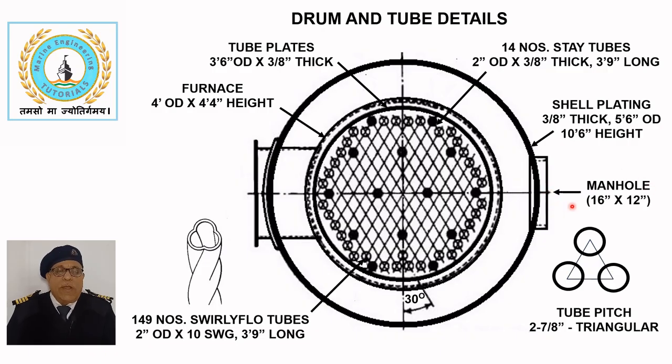Internal access is provided by means of an elliptical manhole of size 16 inches by 12 inches. A number of handholds are provided in the outer shell for inspection and cleaning. In addition, 6-inch diameter sight holes are provided at specific locations to facilitate inspection.